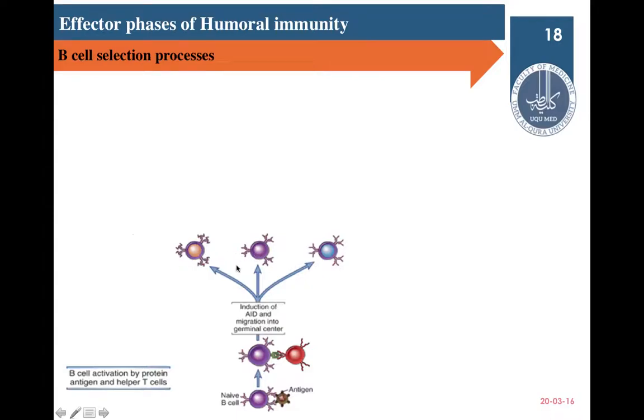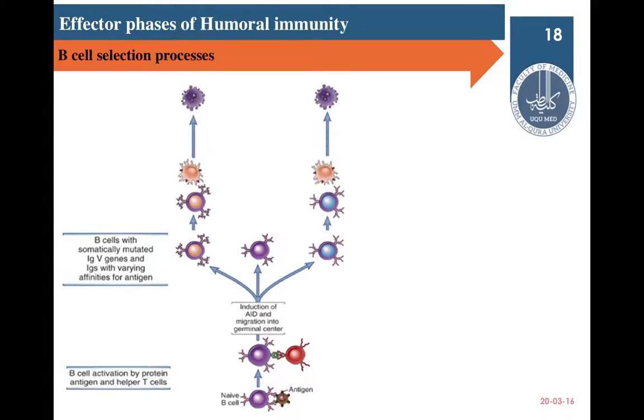They will all be antigen specific, but because of those point mutations, they tend to have slightly different binding affinities for the antigen. So these immunoglobulin variable region genes have changed a little bit, and the strength with which they bind the antigen has slightly changed.